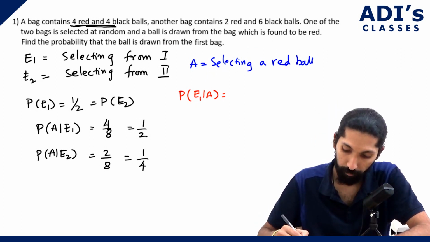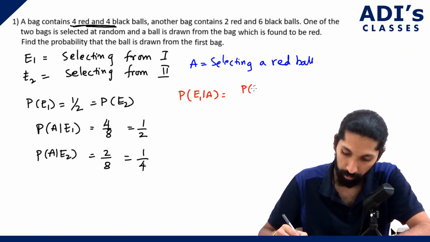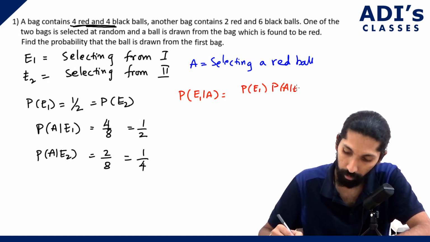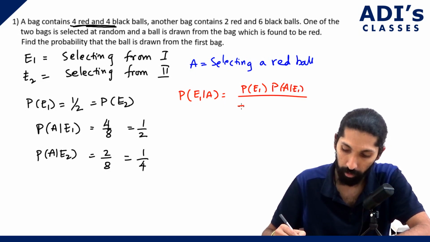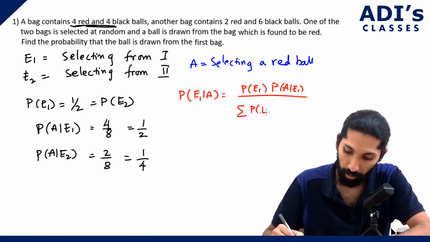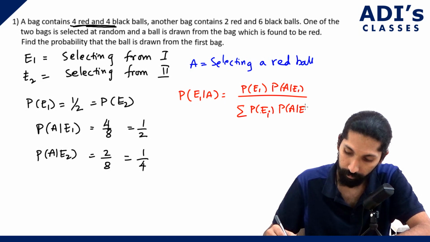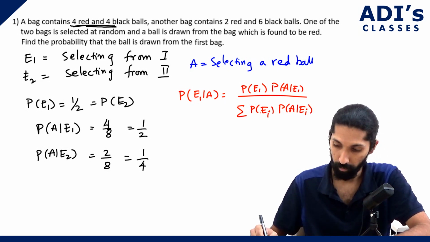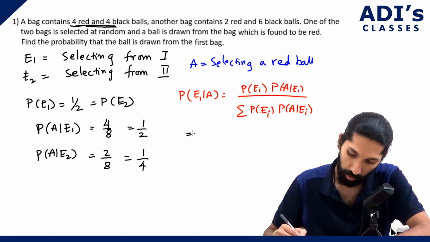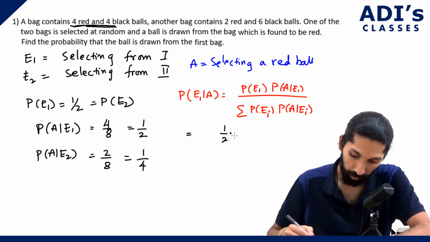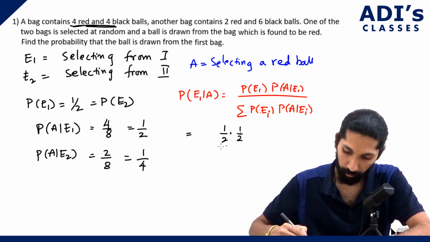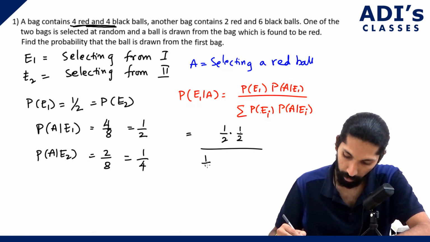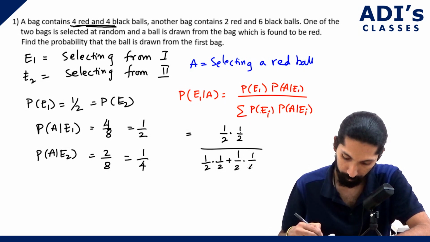So you are going to have P of E1 into P of A given E1 divided by sigma, same thing, P of Ei into P of A given Ei, correct? So we have P of E1 half into P of A given E1 is half, divided by half into half plus half into 1 by 4.